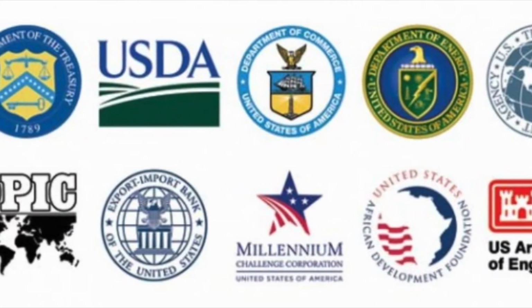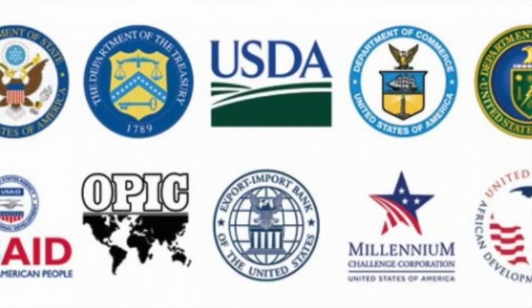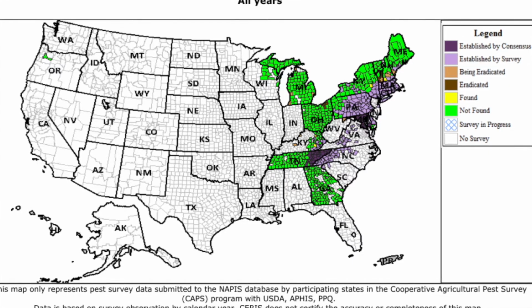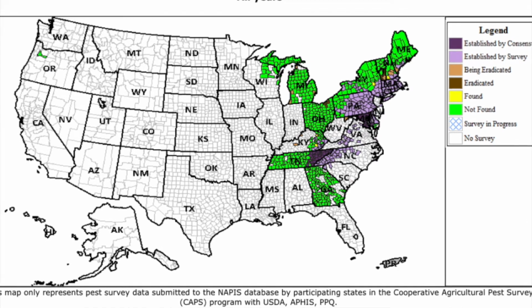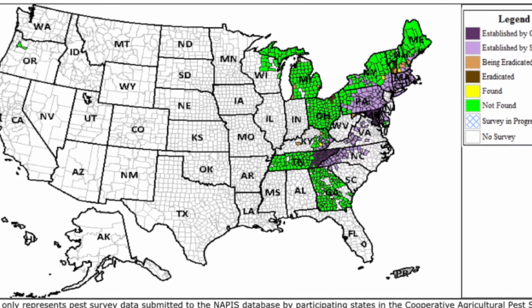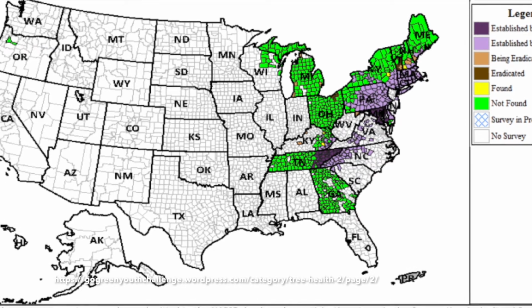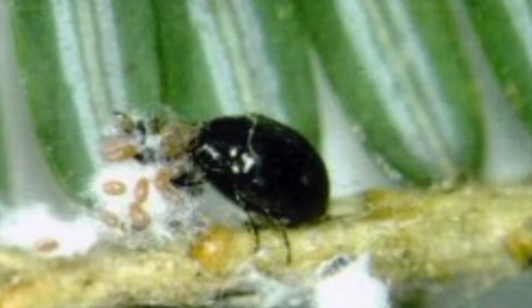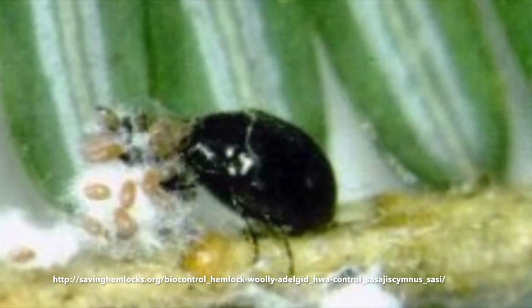Hemlock woolly adelgid is managed at different governmental levels depending on the state. In states that are designated as generally infested, government agencies are usually involved with releasing and encouraging biological controls, mainly small beetle predators.